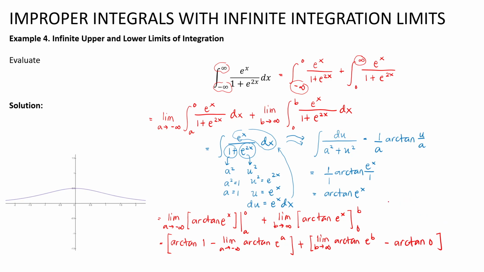My suggestion here is if you plug in arctangent 1, it will give you 45 degrees.